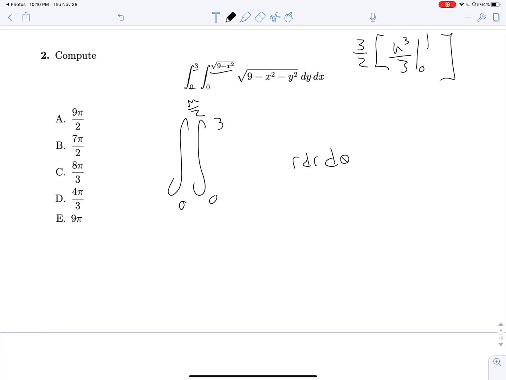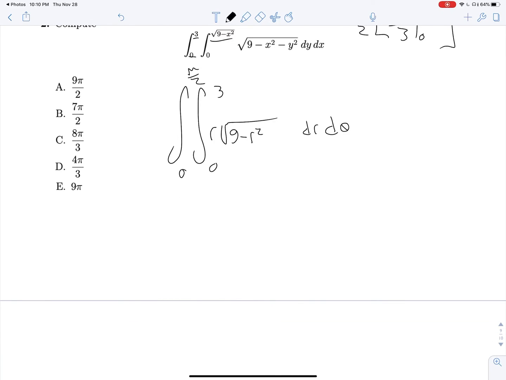And our integrand is going to be root 9 minus r squared. And I like moving the r's in front. Okay, so integrating, we're going to get 1/3 9 minus r squared to the 3 halves, evaluated on 0 to 3. Sorry, negative 1/3. It's a negative sign in here. This will give us 9 to the 3 halves, which is 27 over 3, and over here, we're going to get 0.